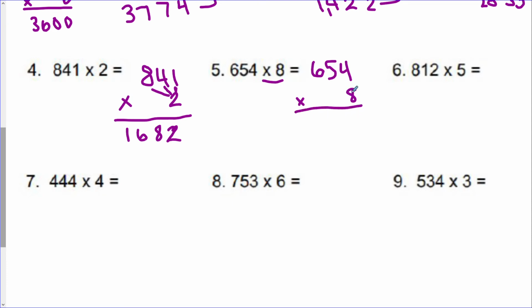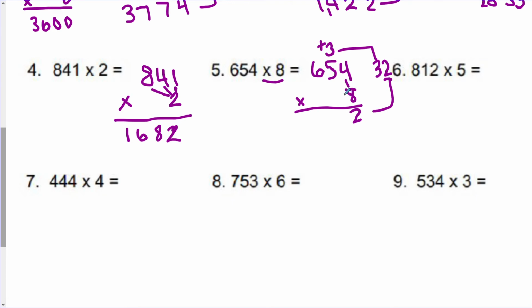Again, starting in your ones place. We're always starting in our ones place. So 4 times 8 is 32. Again, 2's in the ones place, so the 2's going down here. 3 in your tens place goes up to the 3. And remember, when we're up at the top, we are adding.